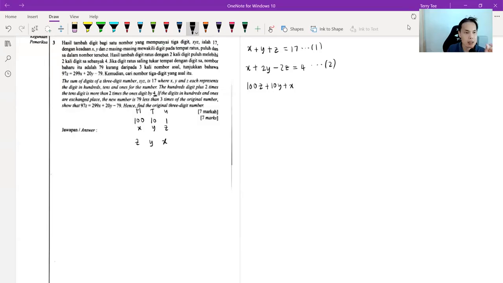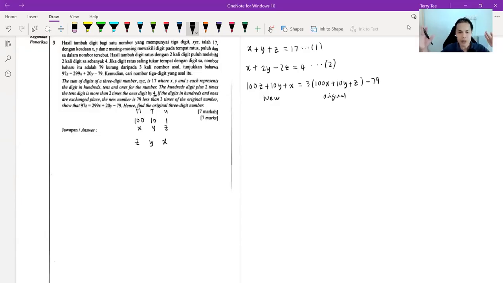It is 79 less than 3 times the original number. My original number will be 100x plus 10y plus z, and this is 3 times the original number. But this new number is smaller, it's smaller by 79, so you minus 79 at the back, right?